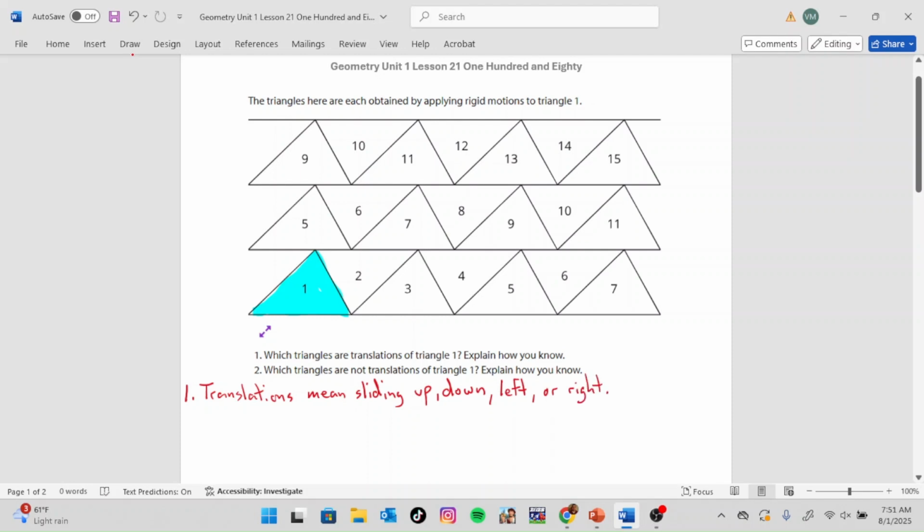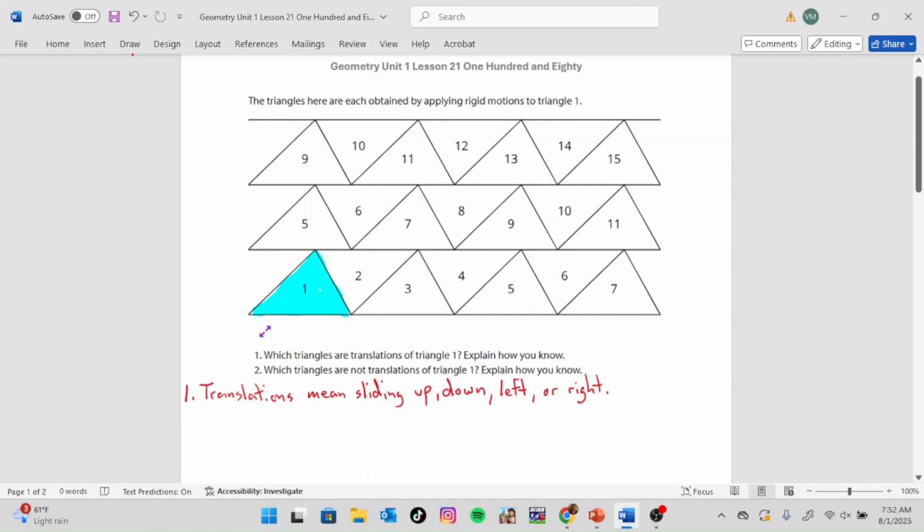So we are not rotating them clockwise or counterclockwise. We are not reflecting them across an axis of reflection. We're simply sliding them up, down, left, or right. And they're asking which triangles could we create simply by translating them up, left, down, or right.